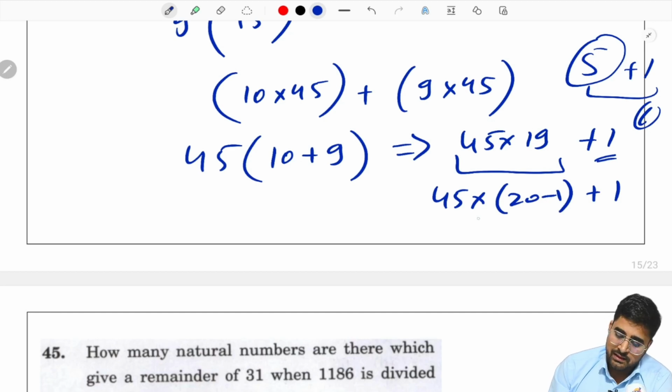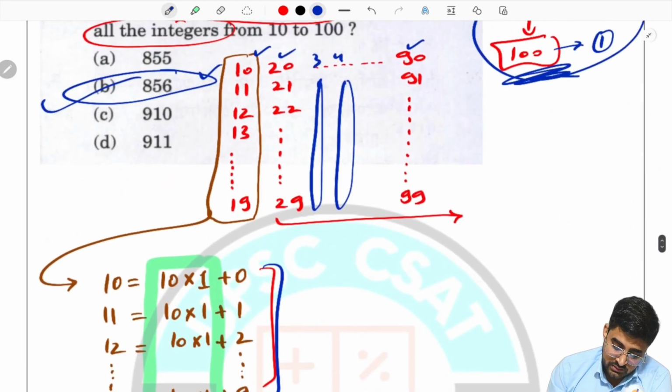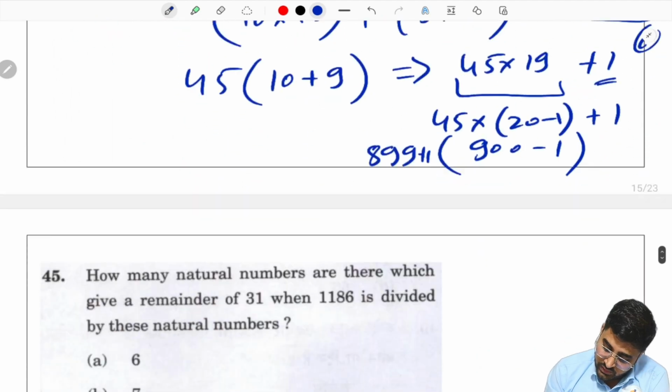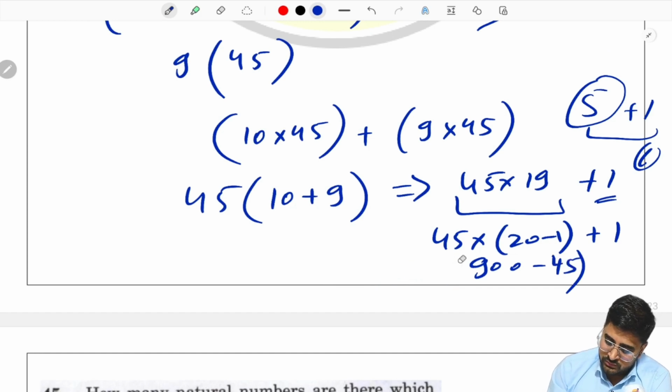You can now do 900 minus 1, then you get 899, then plus 1. Something is not good, I guess. 45. So you can solve this like this.